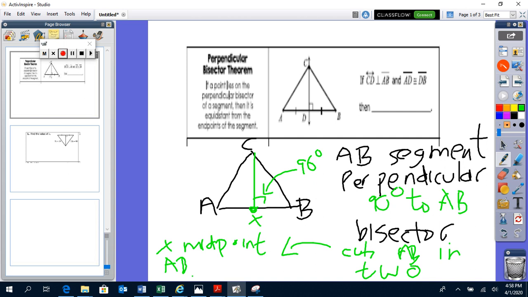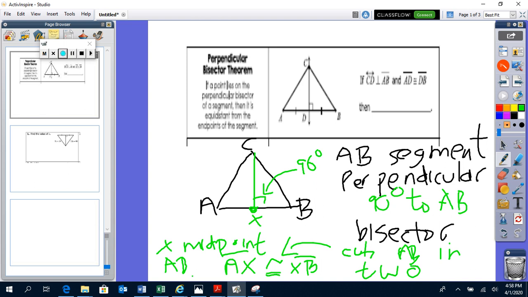So in other words, length AX is going to be the same as the length XB. Okay, so those are the key ideas here. And that's what perpendicular bisector means.